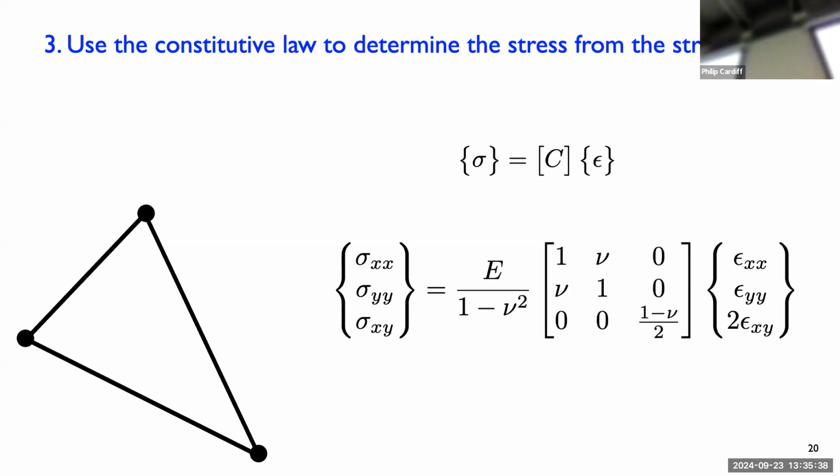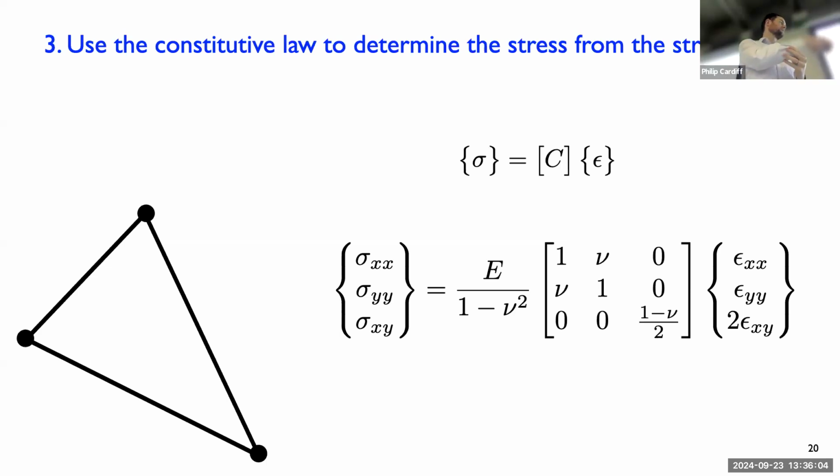Then if your Poisson's ratio is 0, it says the stress in the X direction is row by column. So it'll be 1, 0, 0, just 1 times this. So it says the stress in the X direction is equal to the strain in the X direction multiplied by Young's modulus divided by 1, because mu is 0. It's actually just saying stress in the X direction is equal to Young's modulus by the strain in the X direction.